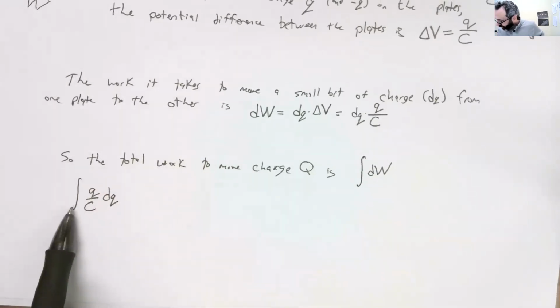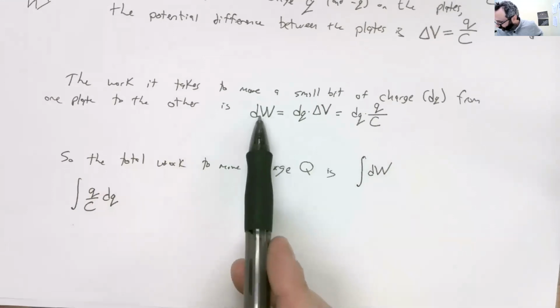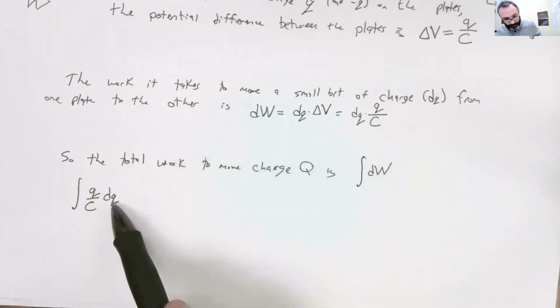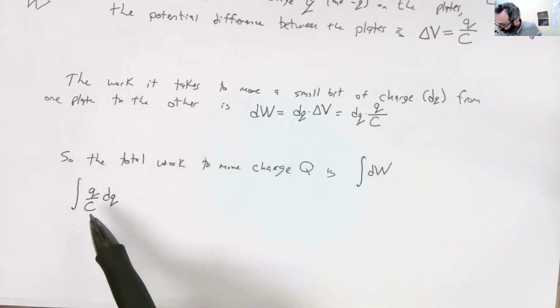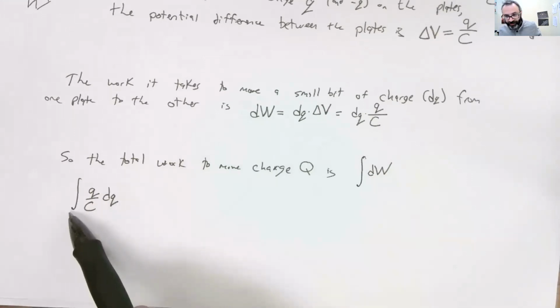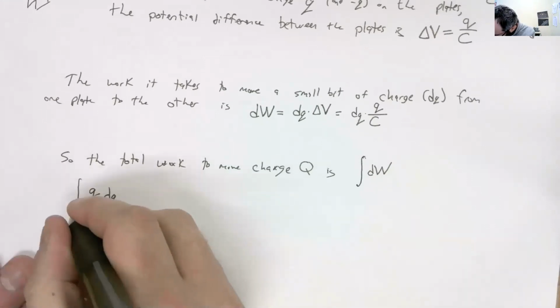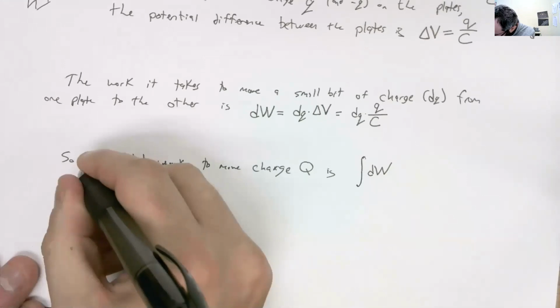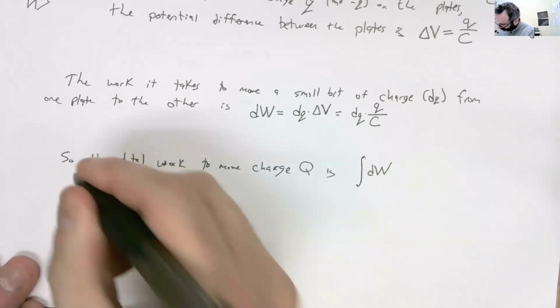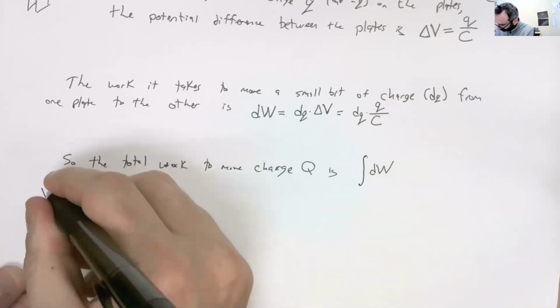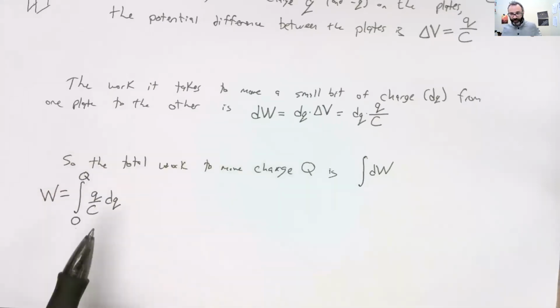Since I've converted from work to charge as my variable of integration, my limits are going to be the starting and ending amounts of charge on the plates. If I'm going to charge the plate up, that means I'm starting at 0 and ending with my total charge, capital Q. That's how much work it's going to take to charge the plate up completely.